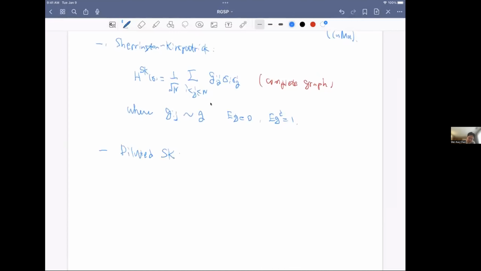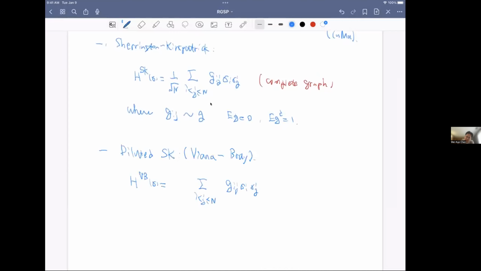Let me use DSK. This model was introduced by Viana and Bray in their paper. It looks the same as the SK model: you again sum over all the pairs ij, with a random variable in front.